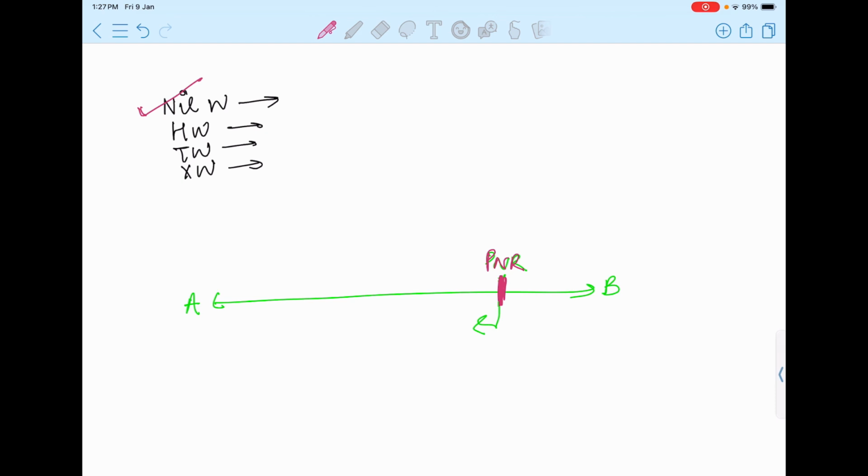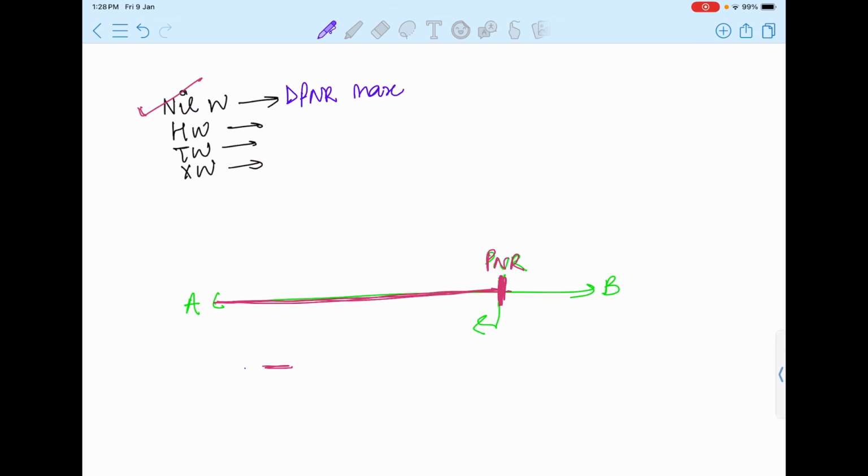And in case of nil winds, which is this situation itself, PNR is at the maximum distance. As the definition suggests, it is the maximum distance you can fly out. So, in case of nil winds, our dPNR, which is the distance to PNR, is maximum.